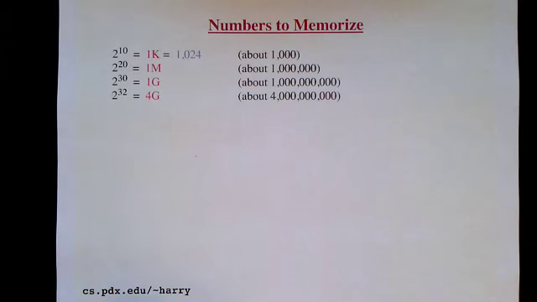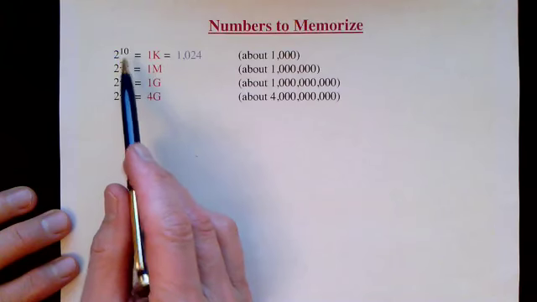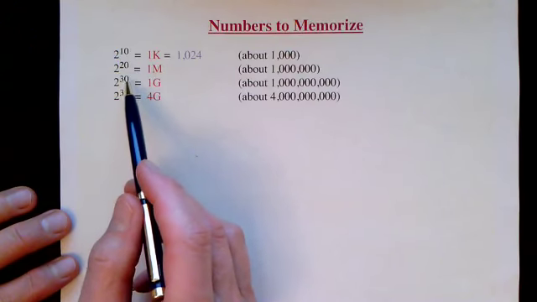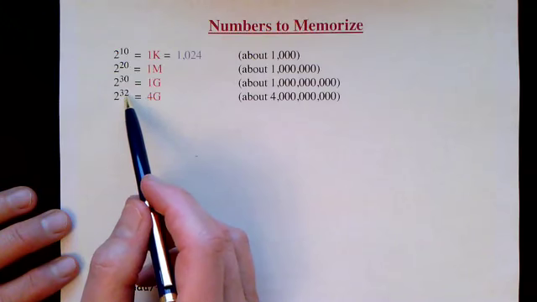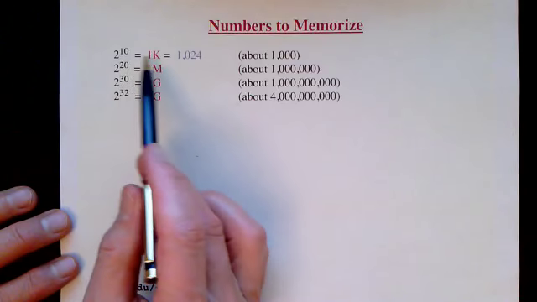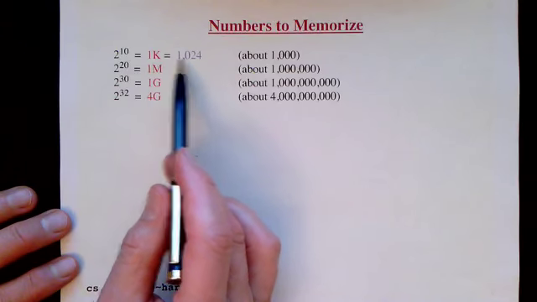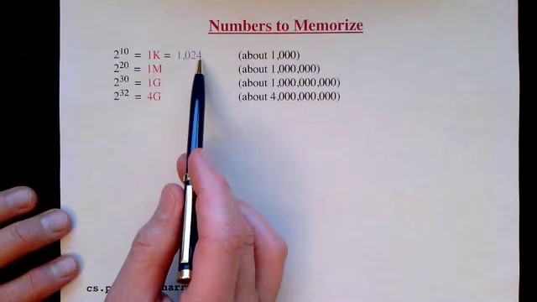Here are some other numbers that I'd like you to commit to memory. 2 to the 10th, 2 to the 20th, 2 to the 30th, and 2 to the 32nd power. 2 to the 10th is more familiarly known as 1K. That number is 1024, and you should memorize that number.